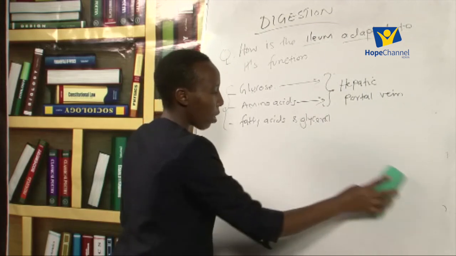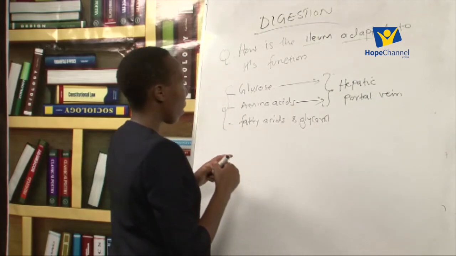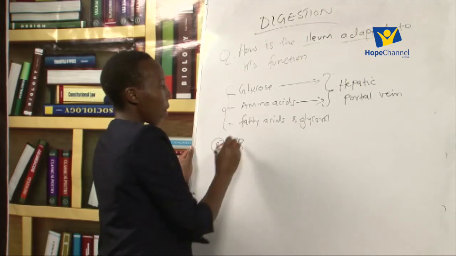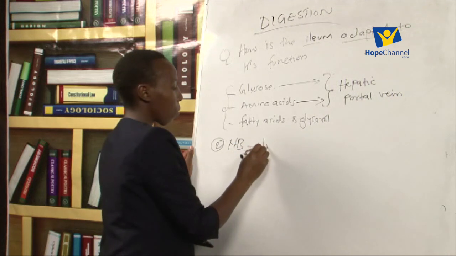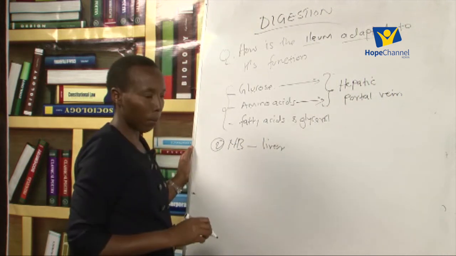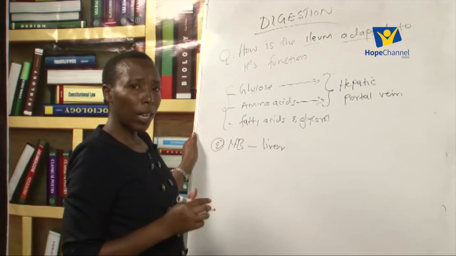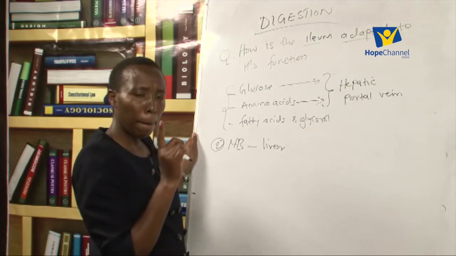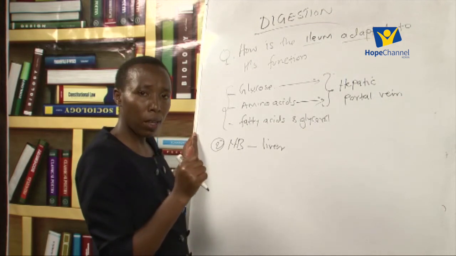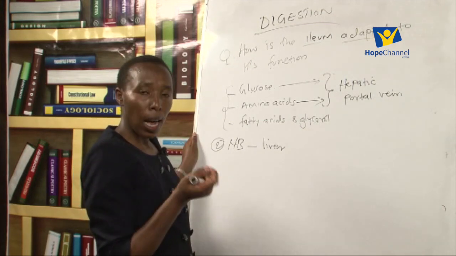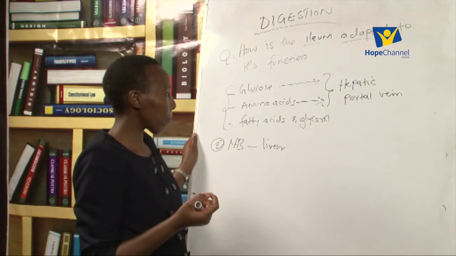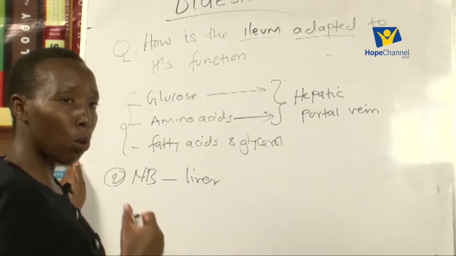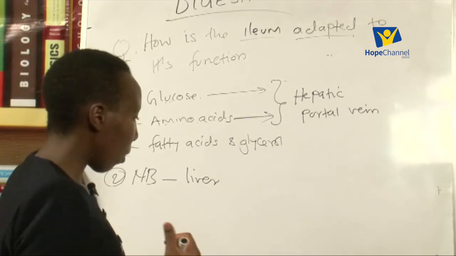So the other question is, why do the amino acids also must pass through the liver? There is something that we learned in our previous lesson, that our body does not have a mechanism of storing excess amino acids.